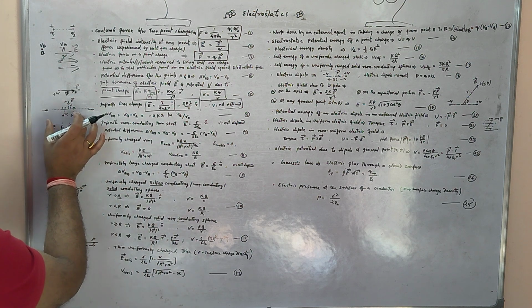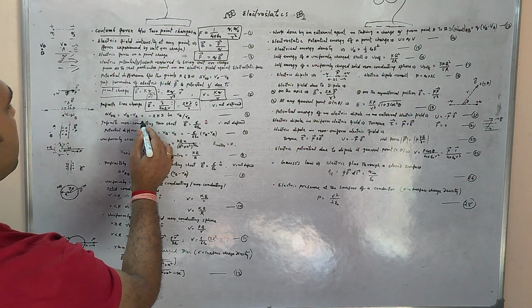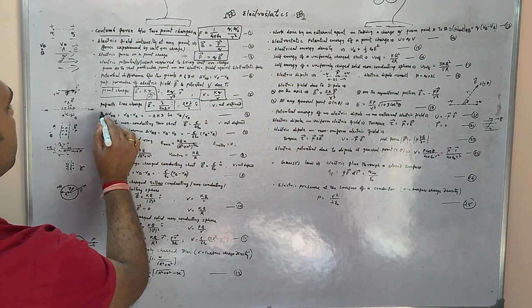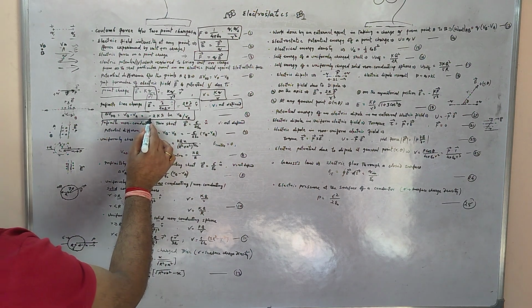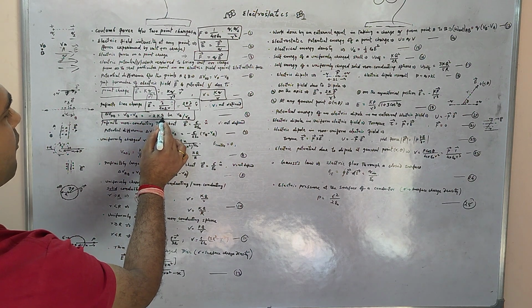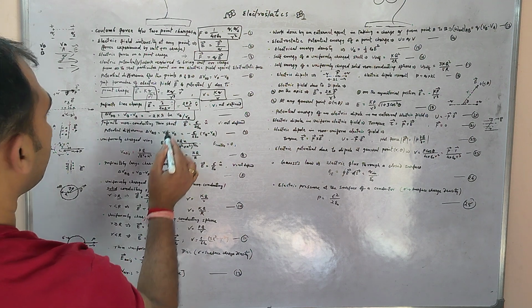So potential is not defined, but potential difference will be given by this formula, that is minus 2k lambda ln RB upon RA.